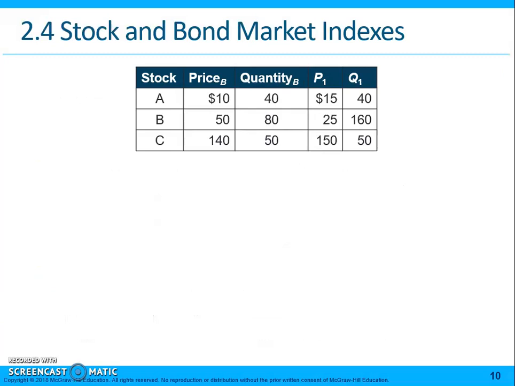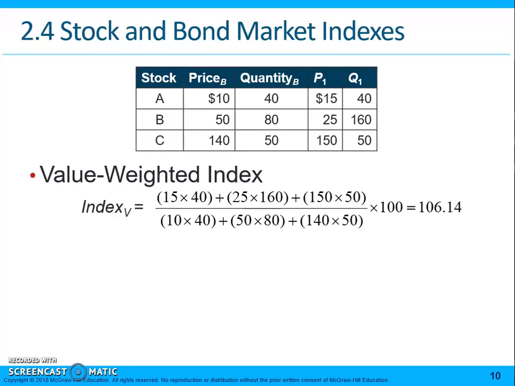Okay, now we're going to talk about the other two types of indexes using the same chart. We have value-weighted indexes. A value-weighted index takes into account not only the price but the quantity of the stock.